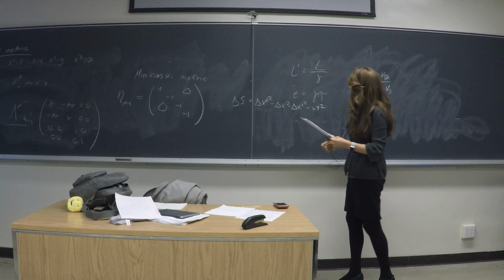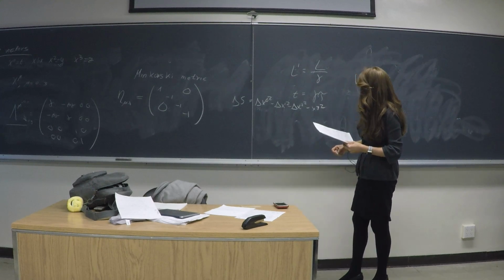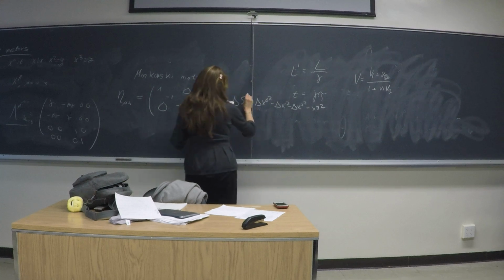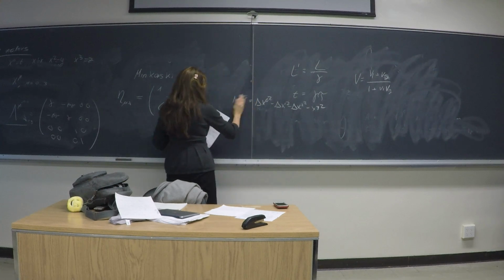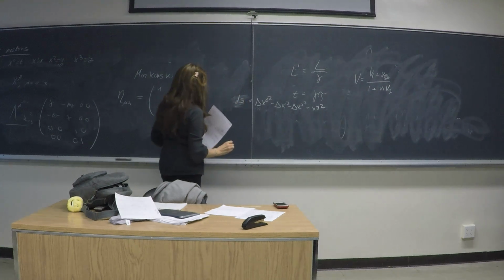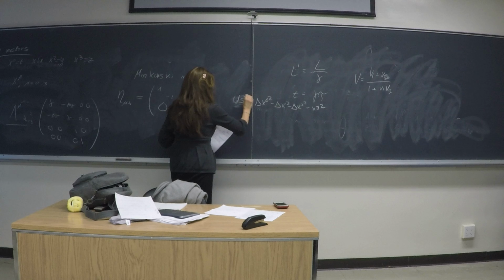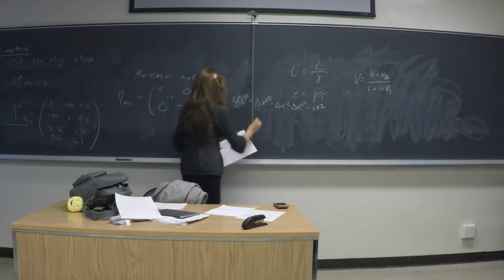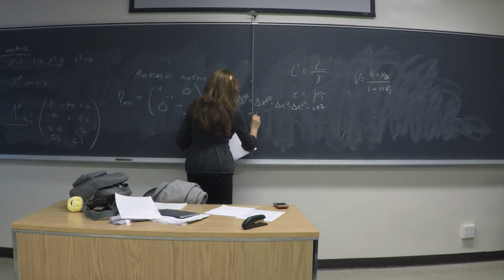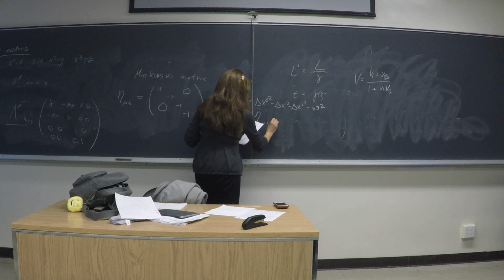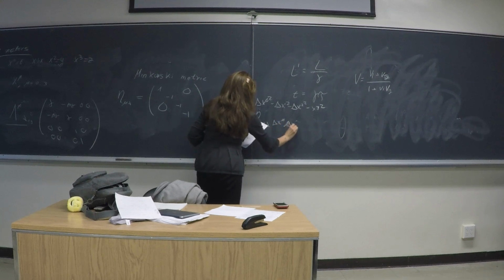Is that delta s squared? It's the world path, so we can call it squared too. Yes, you're right. In the new notation, it will be written as g mu nu delta x mu delta x nu.